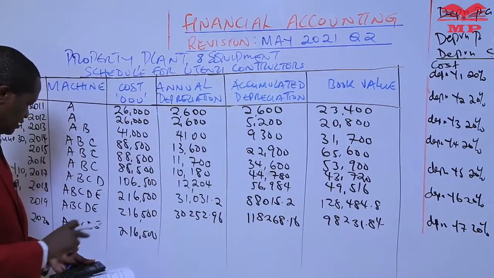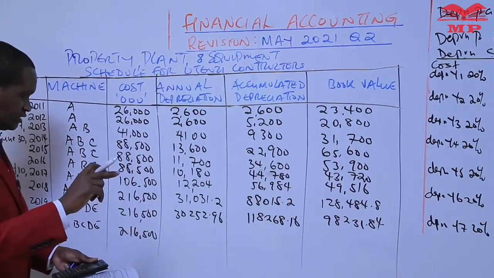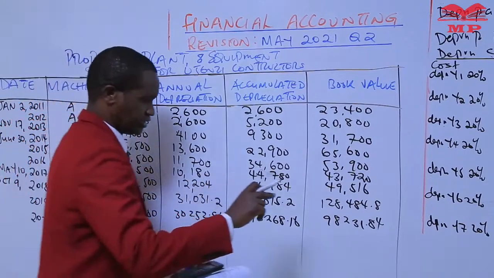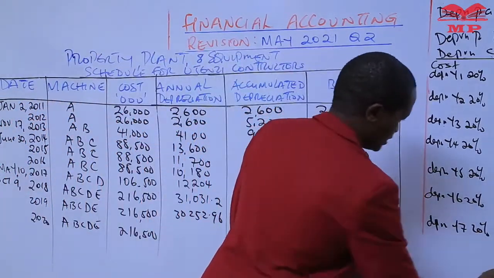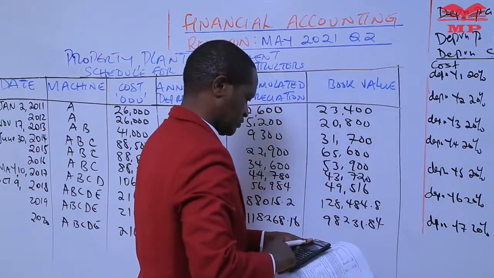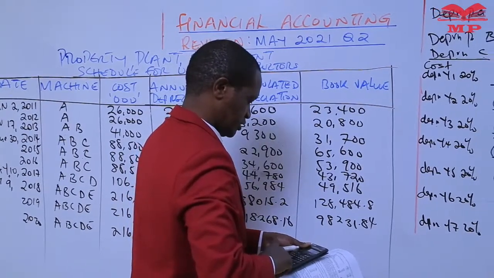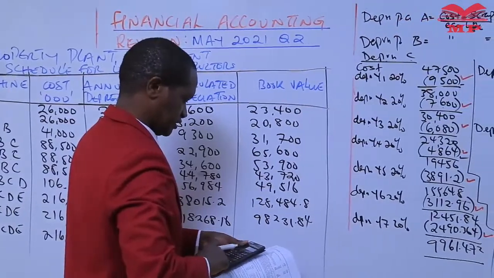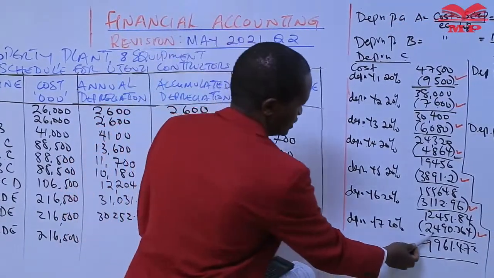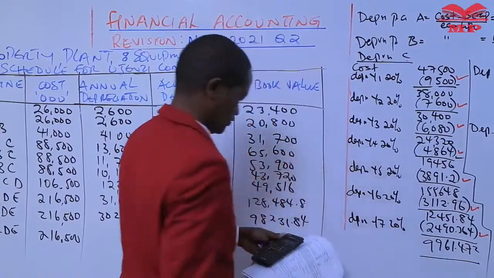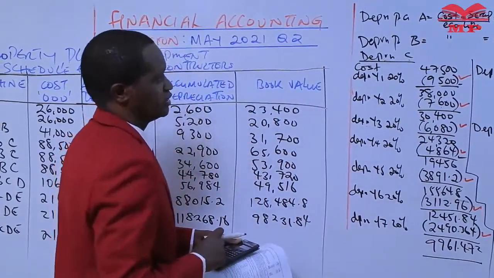Machine C, the last year here is 2,490.364.